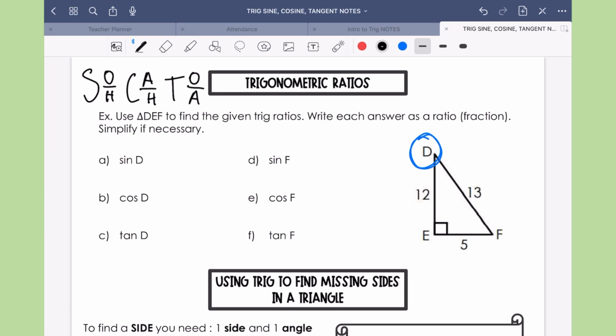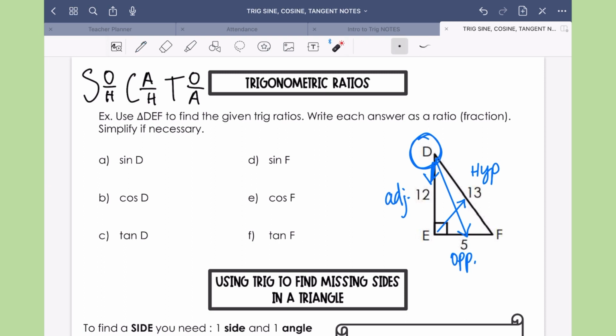Okay, angle D. The reason I know it's angle D is because it's right here. Let's label our hypotenuse first. This is our hypotenuse, across the 90. Then label your opposite and adjacent. Opposite is this 5 right here, and adjacent is this 12, for angle D.